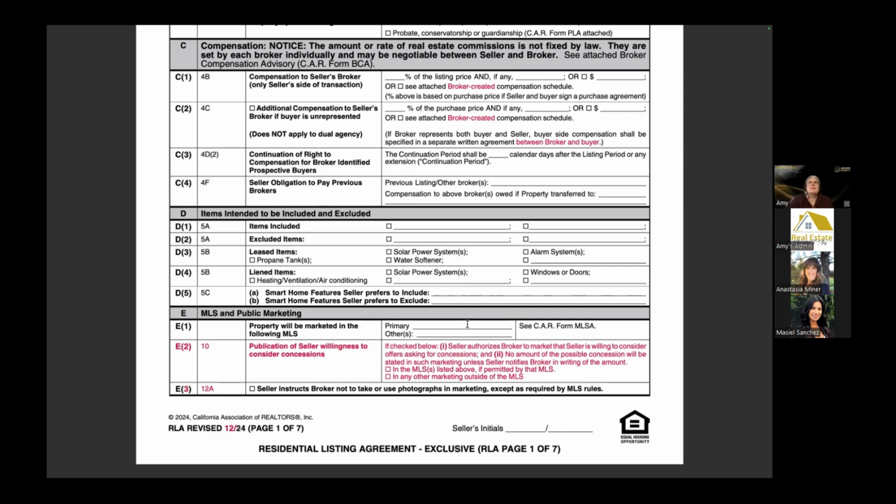So the MLSs are all independently owned and operated. MetroList MLS is owned by the Sacramento Association of Realtors. It's owned by the association. So it has strict guidelines that it has to adhere to, and that they've agreed to as part of their laws and bylaws. Things like you can't mention contractors boxes in the private remarks, because technically all properties in MetroList are supposed to have a MetroList box on them.